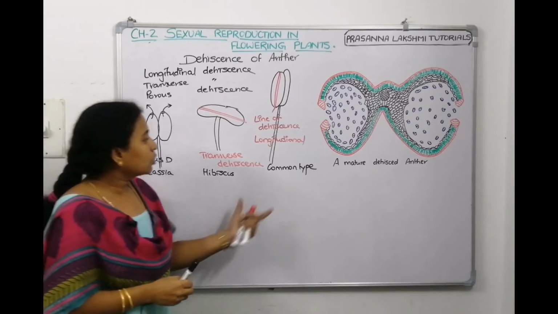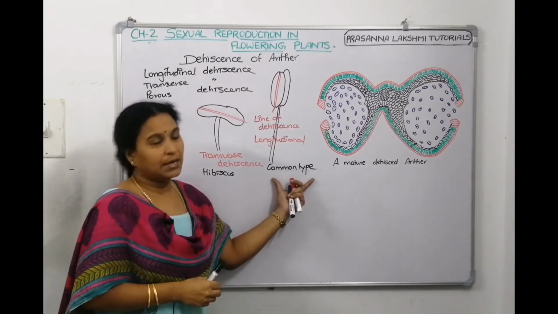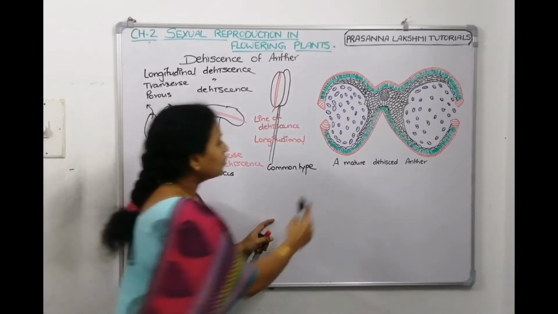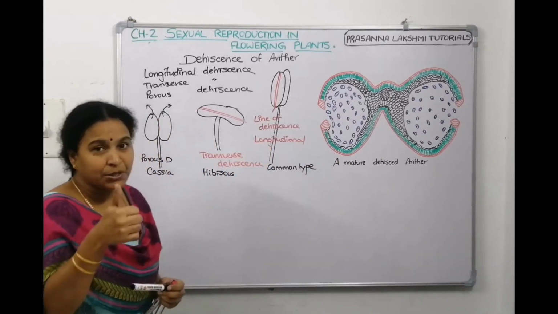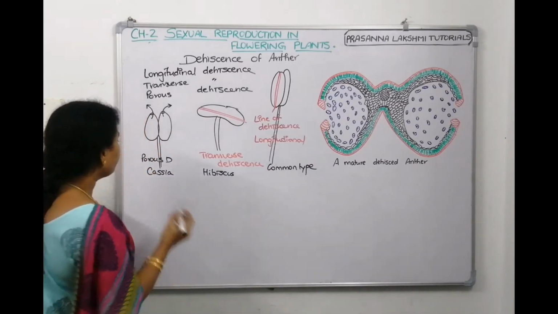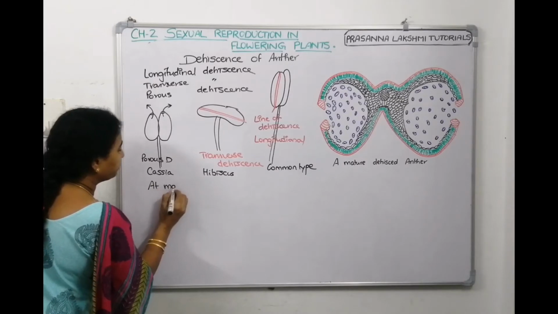We said the common type of dehiscence is longitudinal dehiscence. Now, what happens in longitudinal dehiscence? Let us discuss. This is the epidermis. What happens to the epidermis at the time of dehiscence?